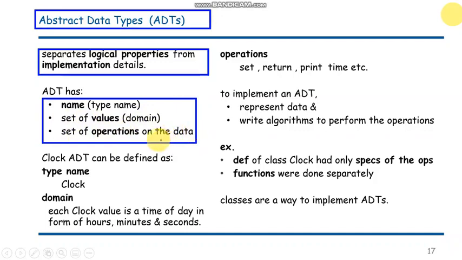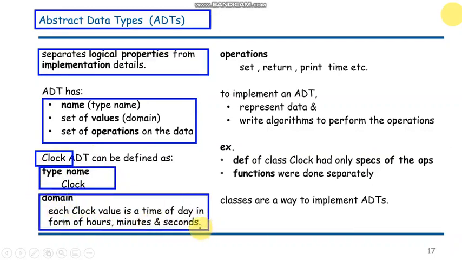Let us look at an example, and we have been busy with this example, that is clock. You will see that the clock ADT has a name, clock, and then it has a domain, that is hours, minutes, and seconds, to represent the time of the day.